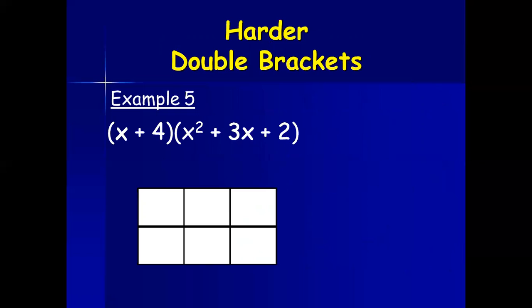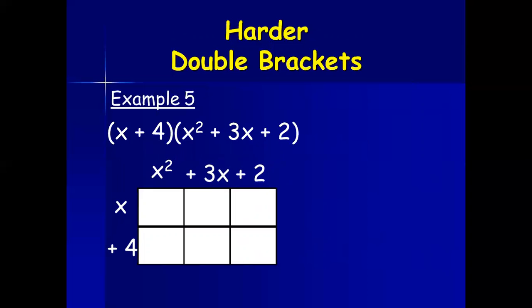And we will put x plus 4 on the side. I'll put x on the first square and then 4 under it. And then I will start putting x power 2 on the first one, beside it 3x, and then beside it 2. And we'll do the same steps as we did before.